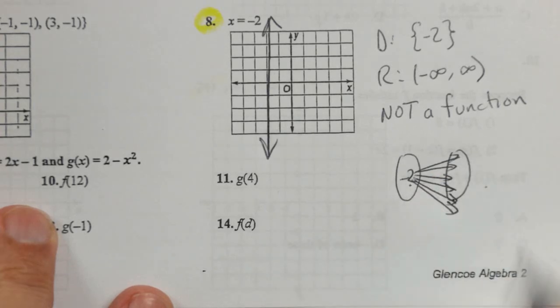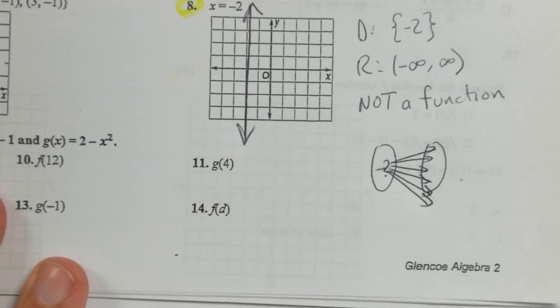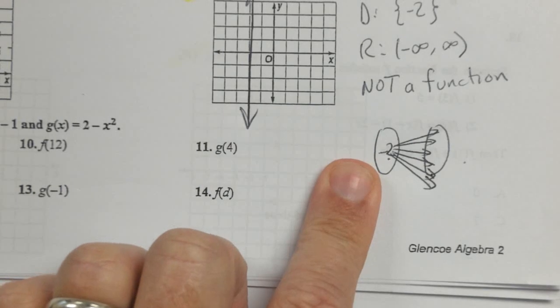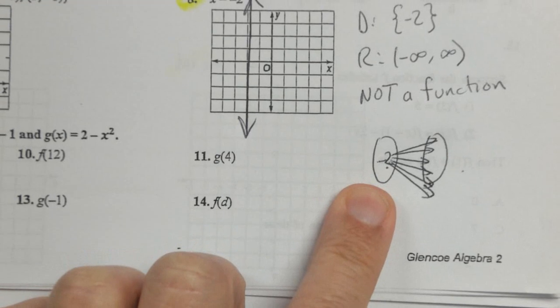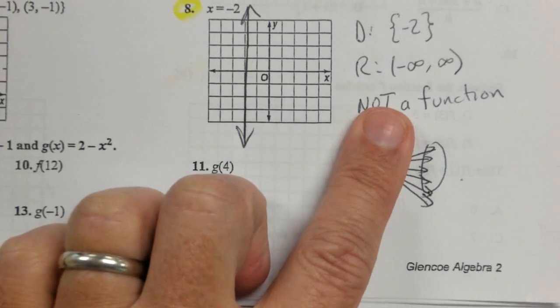I drew 5 or 6 and I'm out of space. Again, it is infinitely not a function. This would be a fun vending machine, right? As a user, when you push the button -2, what do you get from the vending machine? Everything. It's glorious. But it's not a functioning vending machine.